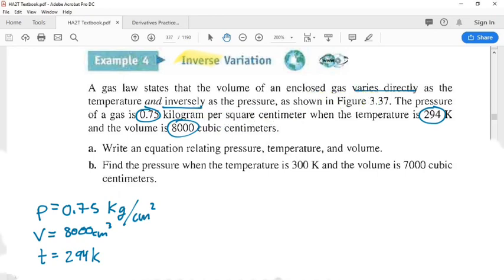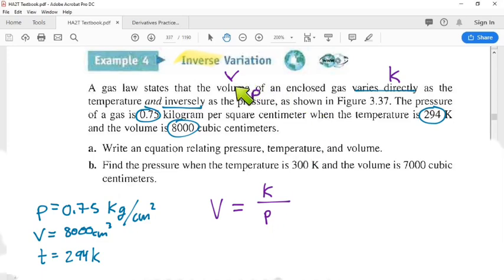So let's identify some of these variables. We have a V right here, that's your volume. We have pressure right here. As soon as I see varies directly, I'm thinking of K. So this would be volume, the K, and varies inversely as pressure. So I'm going to put P right there, so the P would be on the bottom.